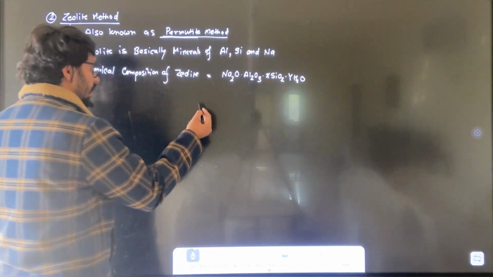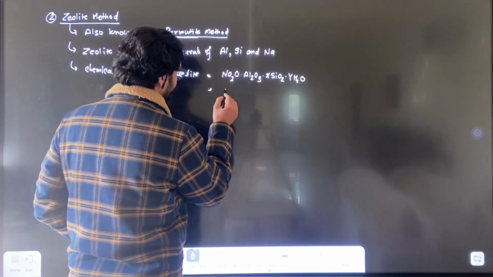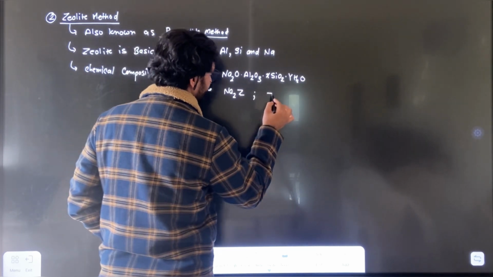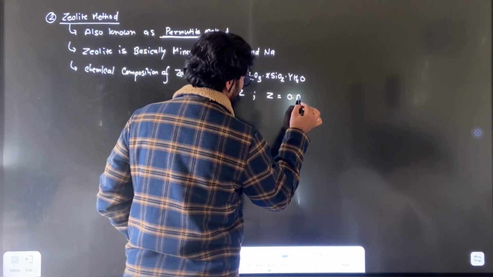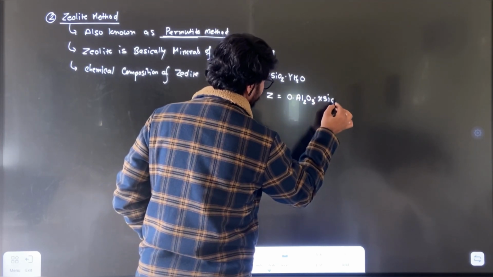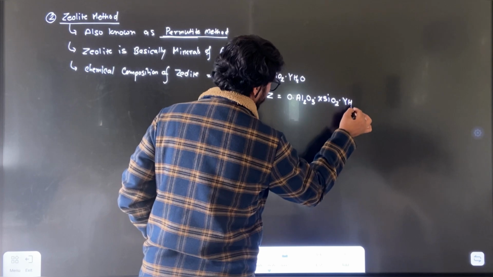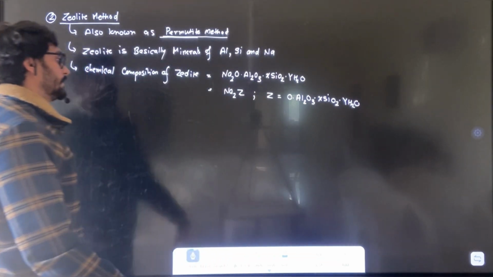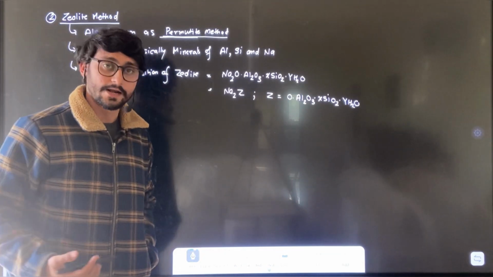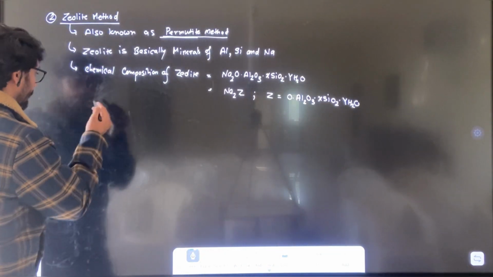All right. In short form, we can write zeolite as Na2Z, and here Z is basically Al2O3 dot X SiO2 dot Y H2O. So how the zeolite method is useful to remove the hardness of water is basically simple.